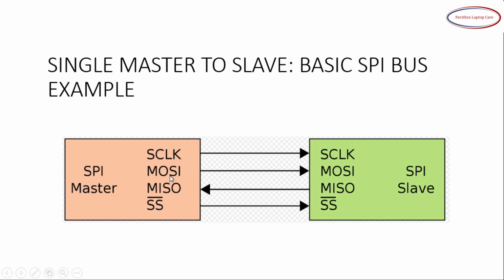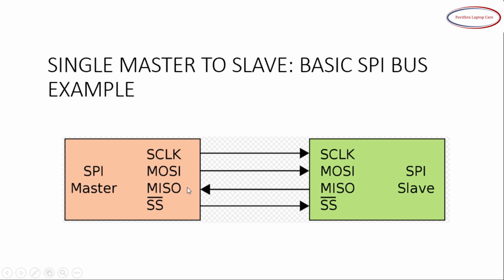See, to know more about SPI bus, we can check this diagram. This is SPI master. See, it has 4 major connections. One is SCLK, MOSI, MISO, SS. Even slave also has the same thing.